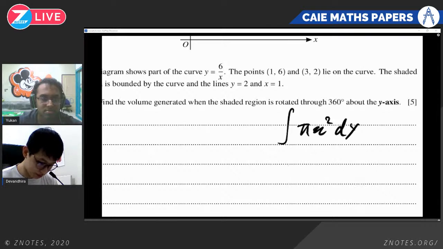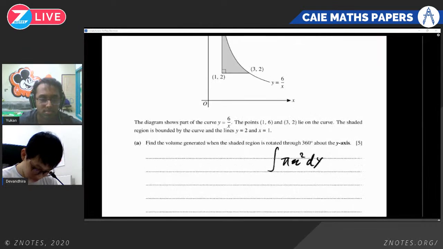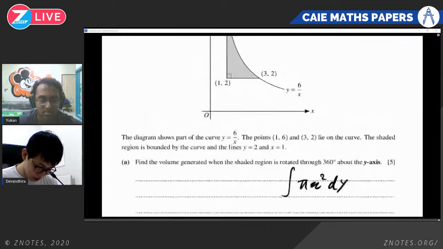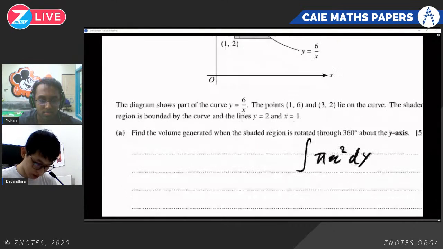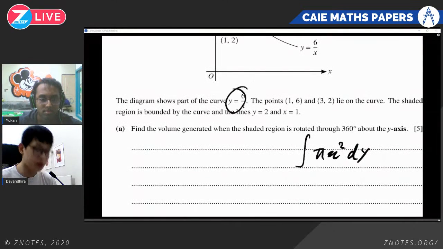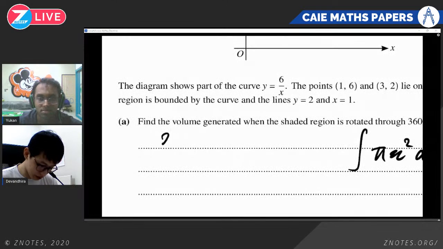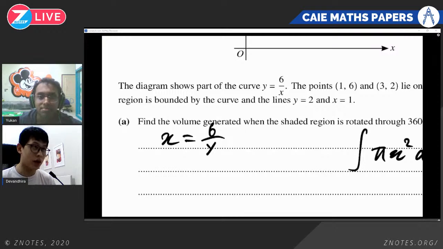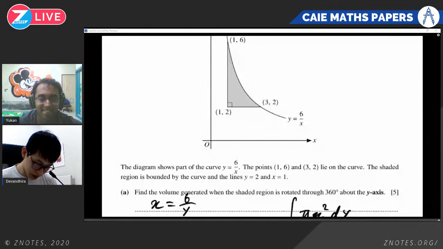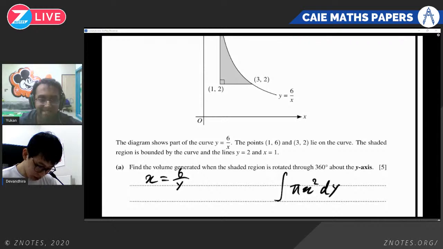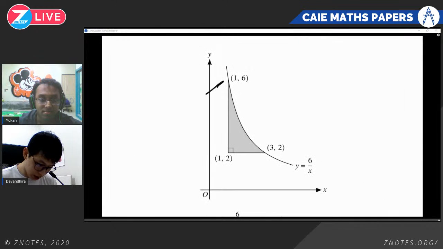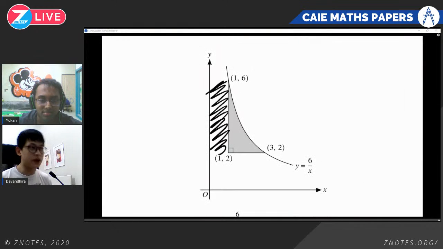All right. So first of all, we need to make x the subject here. This shouldn't be so hard. We just have to cross multiply, and we have 6 over y, correct? But the problem is if we integrate this, we'll also get this area right here, so we have to subtract it.